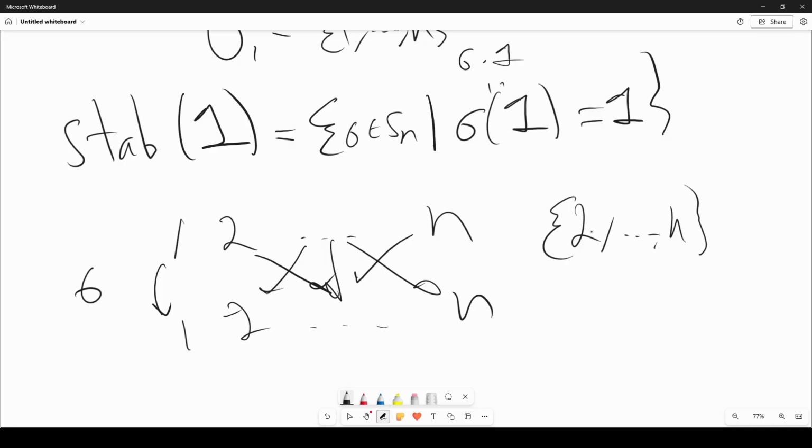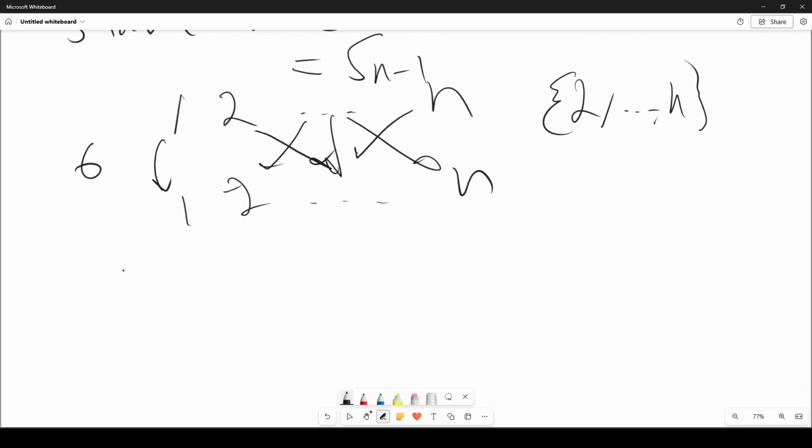But we kind of know what that's equivalent to. That's just equivalent to S_{n-1}, because the symmetric group on n minus 1 variables is just permuting 2 through n, because there are n minus 1 things here. So we found that the stabilizer of 1 is the subgroup S_{n-1} being a subgroup in Sn.